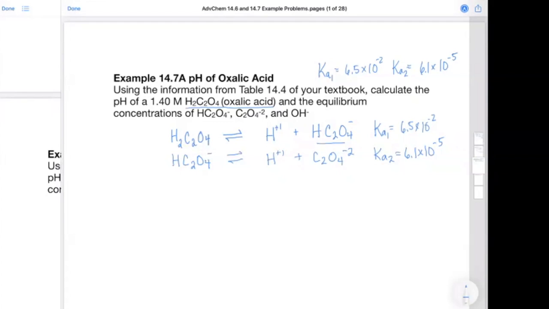That's how you would represent the two Ka1 and 2s that you see in the chart on page 689.